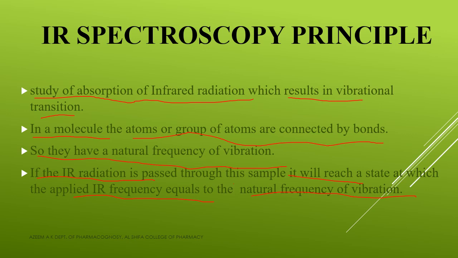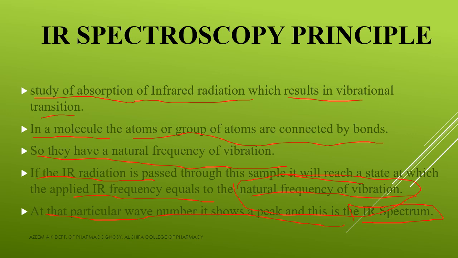The molecule has some sort of vibration, and that is known as the natural frequency of vibration. If we apply IR through this sample, then after some time a state will be reached where the natural frequency of vibration equals the applied IR frequency. Clear? And at that particular wave number, it shows a peak, and this is the IR spectrum. And this is the working principle of IR spectroscopy.